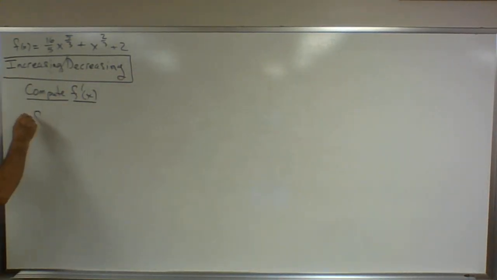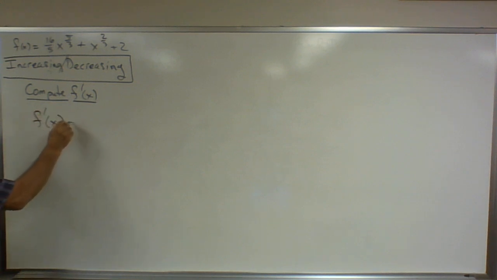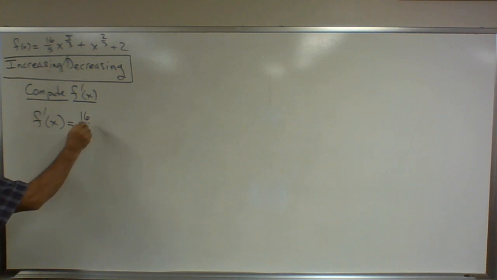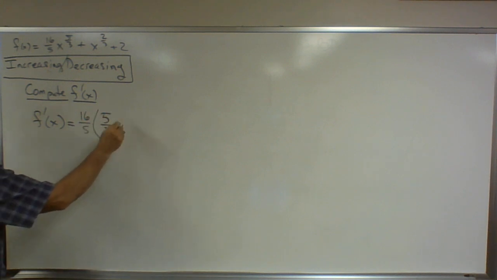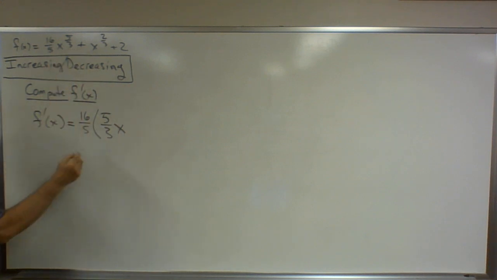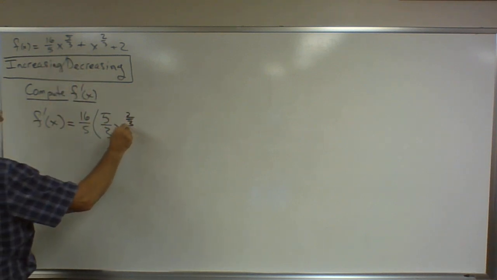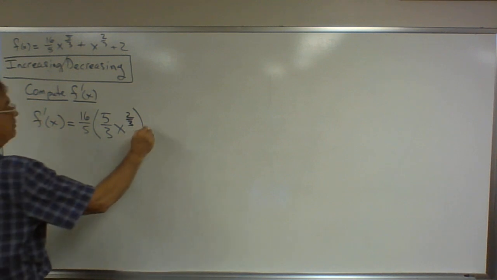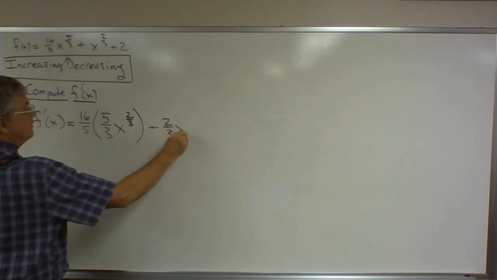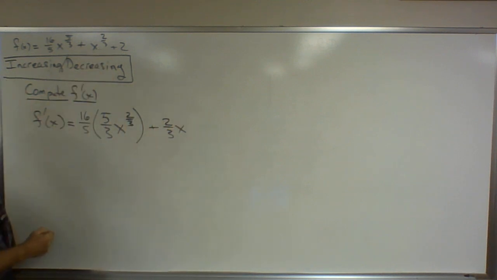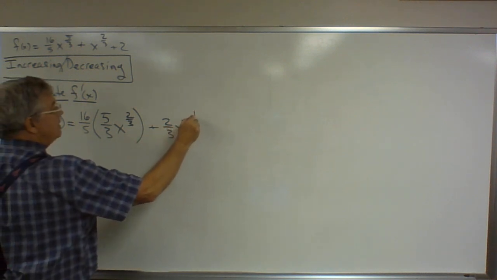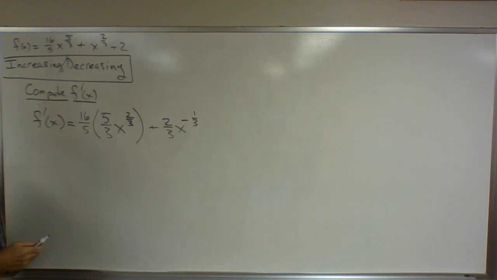F prime of x. We get 16/5 times 5/3 x to the 5/3 minus 1, which is 2/3, plus 2/3 x to the 2/3 minus 1, which is -1/3.